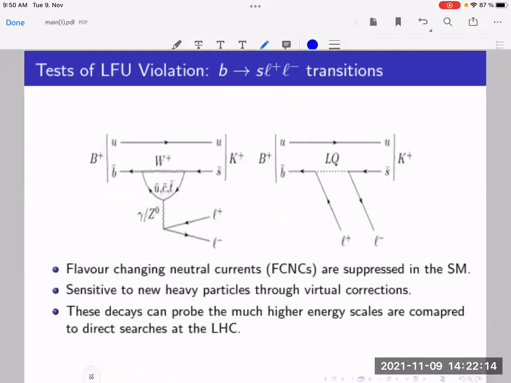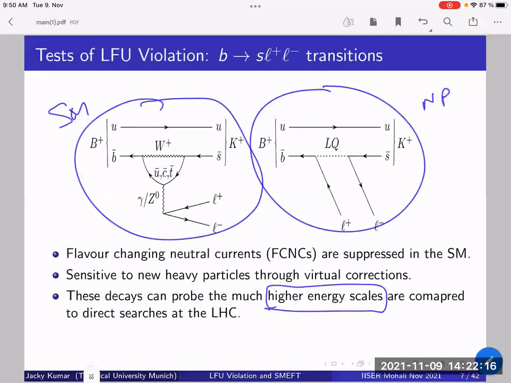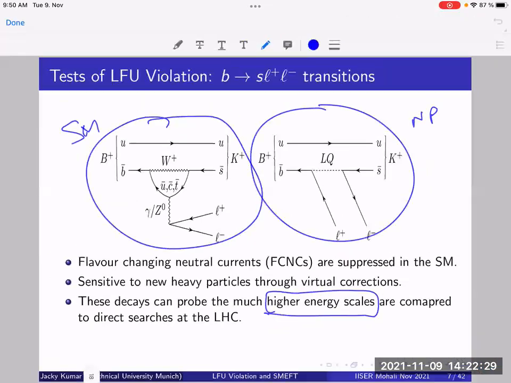Yes. So I explained in the previous slides that lepton-flavour universality is a feature of the standard model. So that's why only for this diagram you expect the rate for B plus to K plus mu plus mu minus and B plus to K plus e plus e minus to be equal, but not for the second diagram.